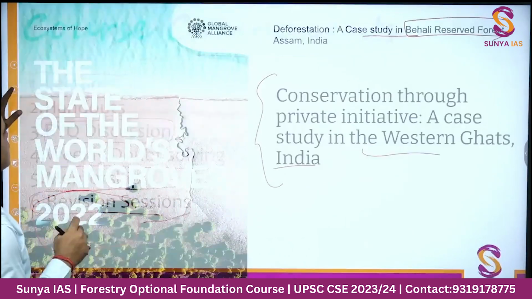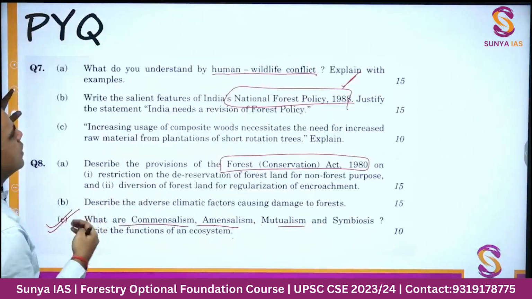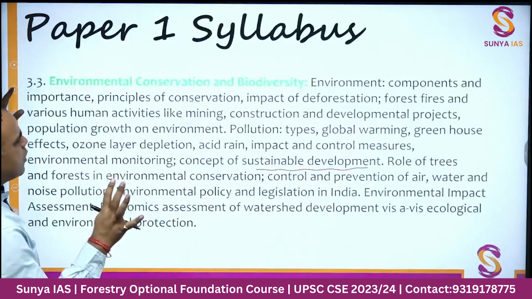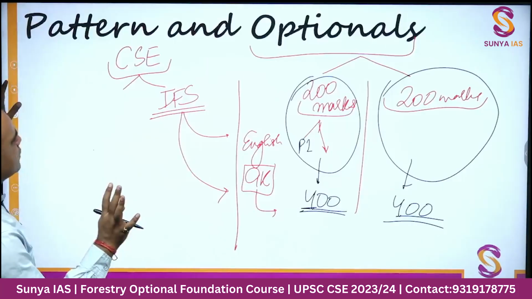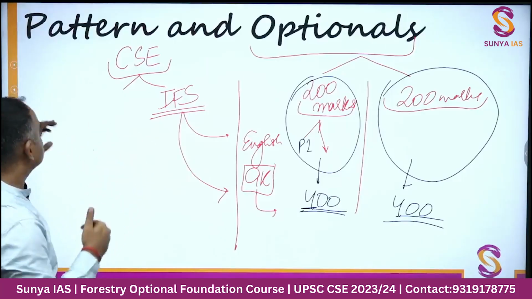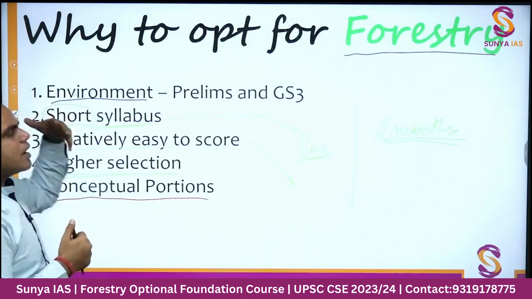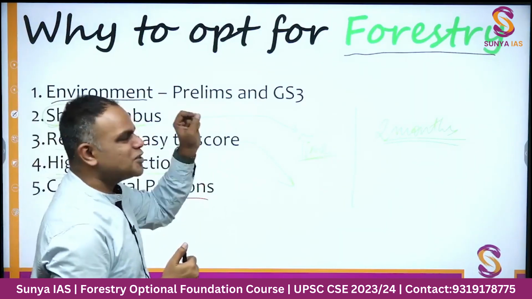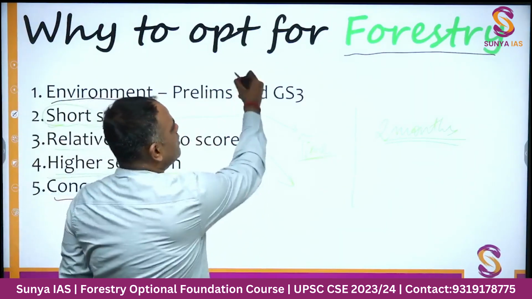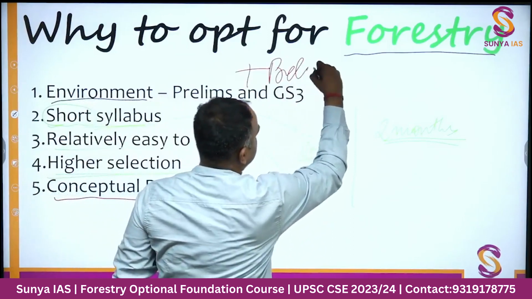So again, just to give you a good sense of completion, what we have seen overall: we started with the pattern of the optionals. Then, why should you opt for forestry? And to this you can add, this will also help you in prelims, suppose you have to give prelims again.